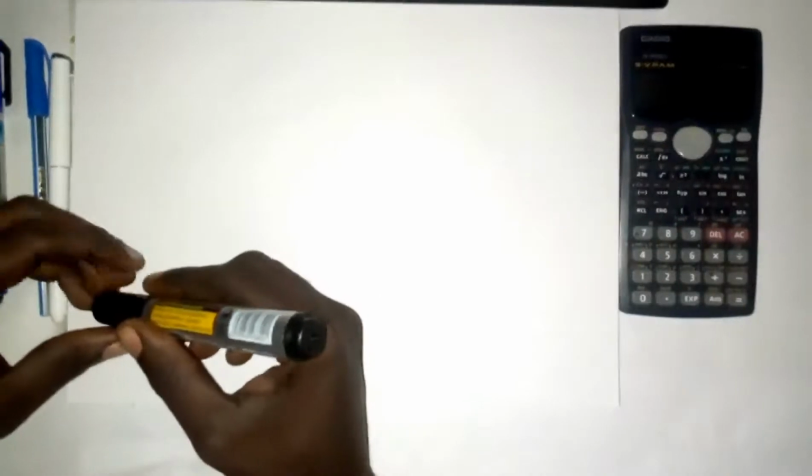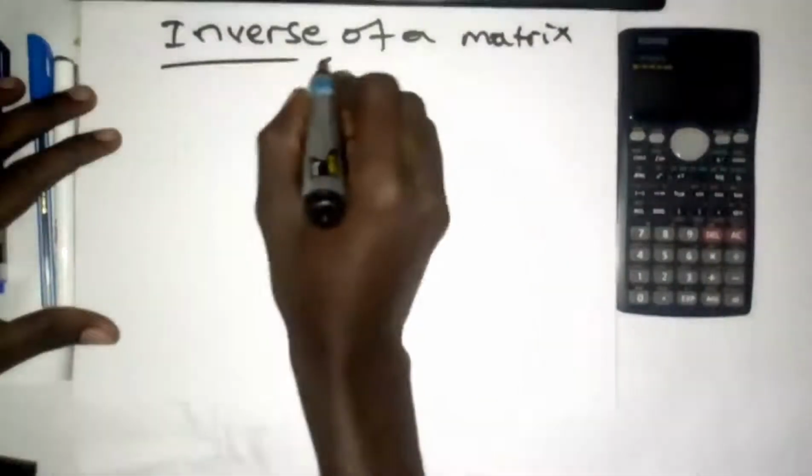Then let's continue. Let's start what we promised to do in this video. I have promised that we are going to look at the inverse of a matrix. So our major concern for today is the inverse of a matrix.